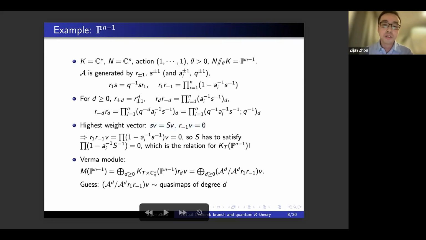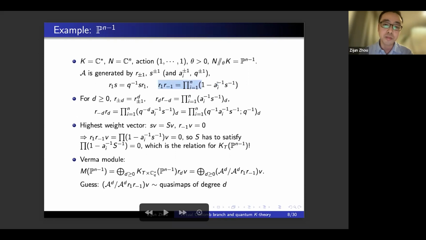After this definition, an immediate result is that you can multiply R negative 1 v by R1 on the left-hand side. You get R1 R negative 1 v is 0.